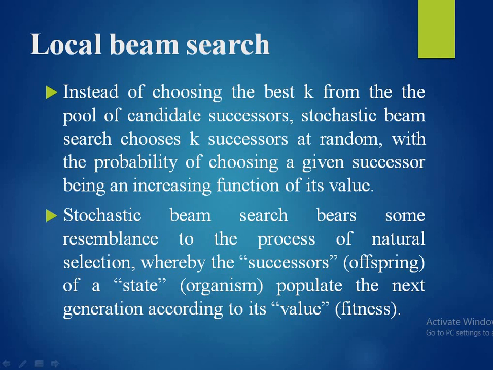The stochastic beam search bears some resemblance to the process of natural selection, whereby the successors, offspring of a state organism, populate the next generation according to its value, that is, fitness.